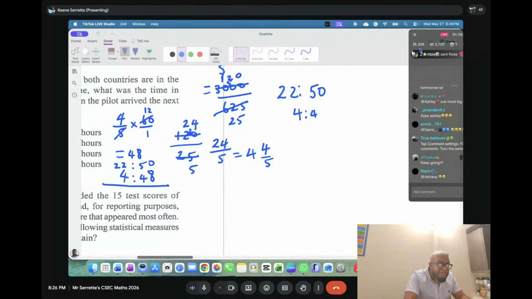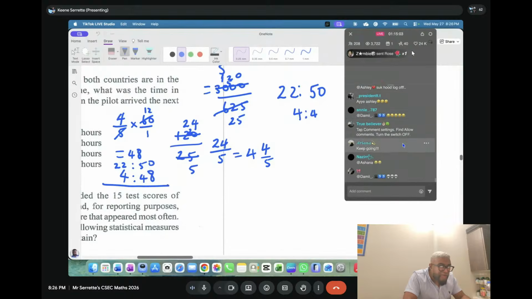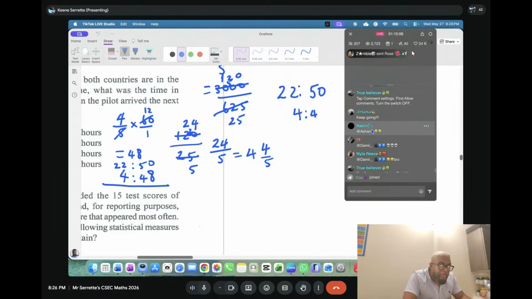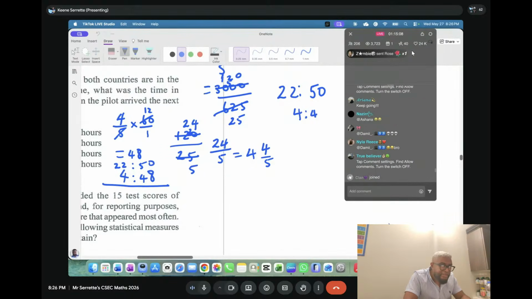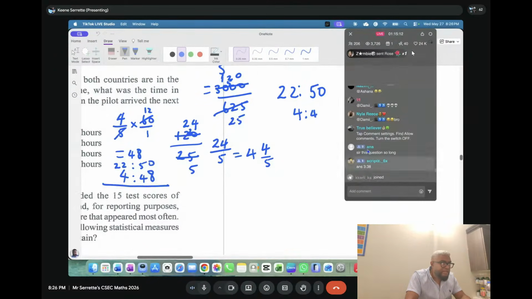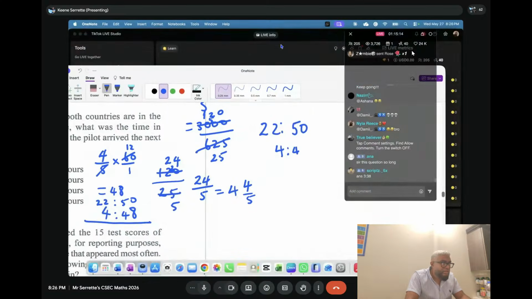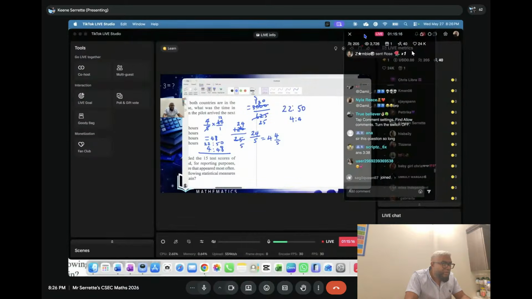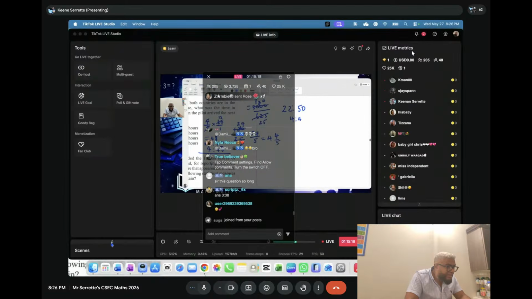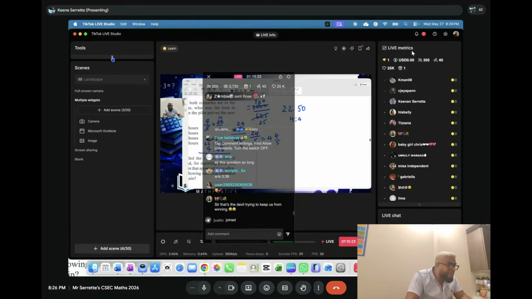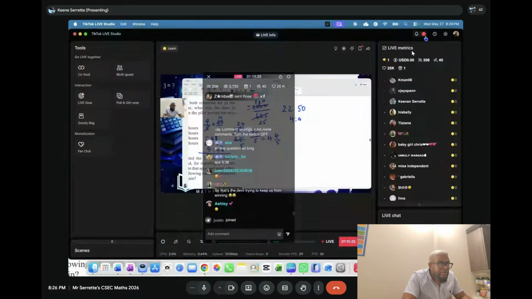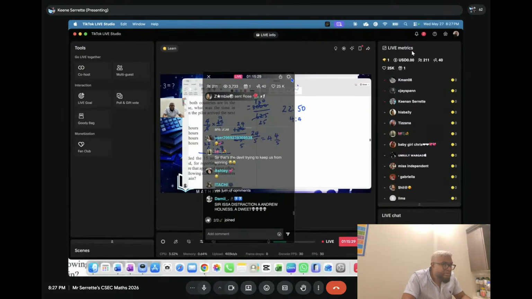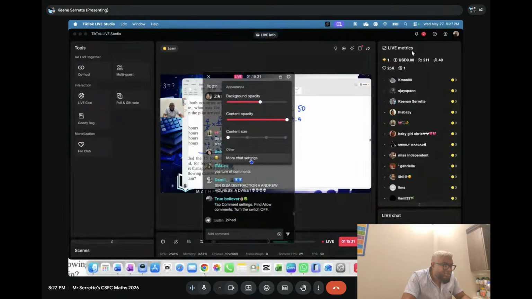Look, tap comment settings, find allow comments, turn off the switch, right? So let me see. Right, more chat settings.